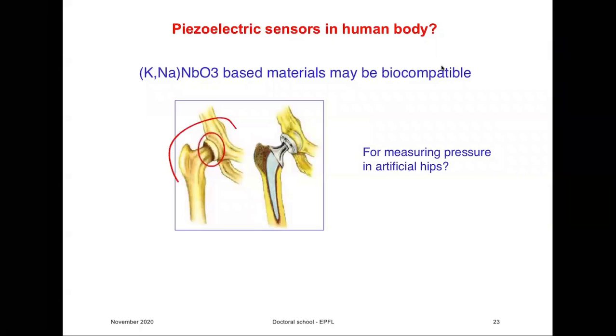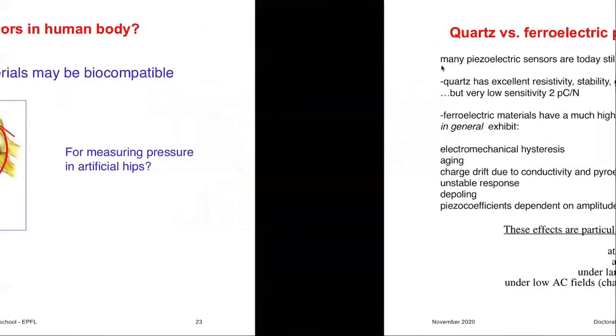For this, you would need non-toxic piezoelectric materials. So either if you use lead-based, they would have to be encapsulated, or preferably you would use something that doesn't contain lead.